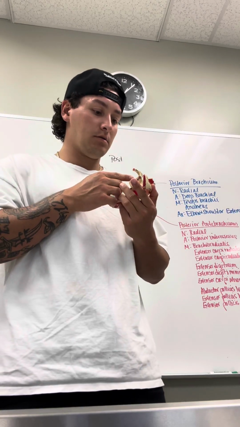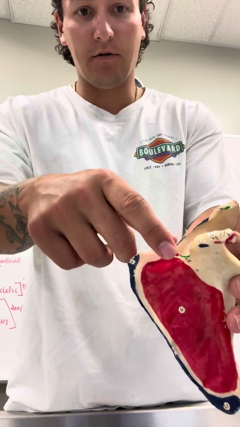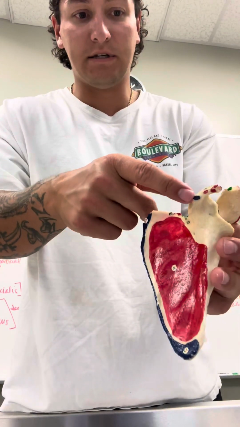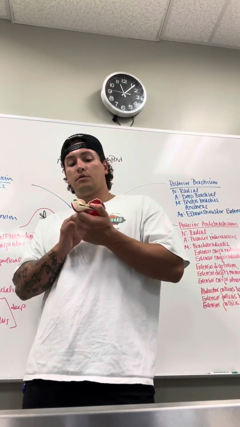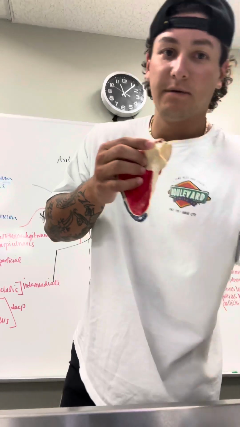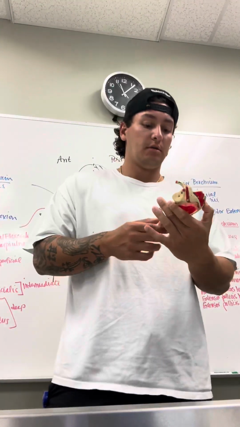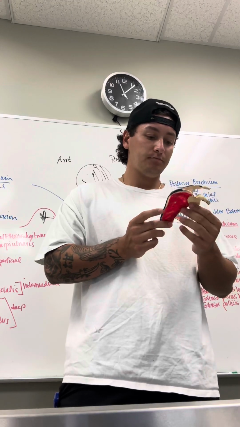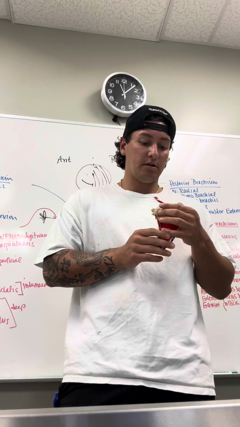Actually, wait, take that back. Inferior belly of the omohyoid is right here. This is the short head of the bicep brachii right here on the coracoid process. That is all the origin.